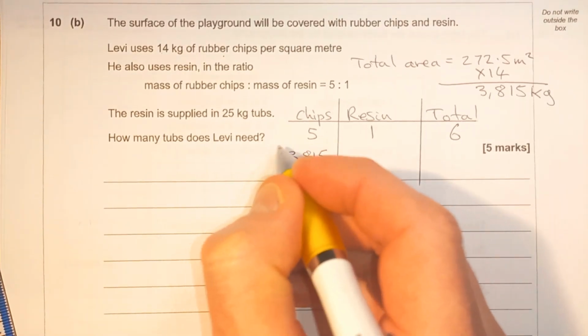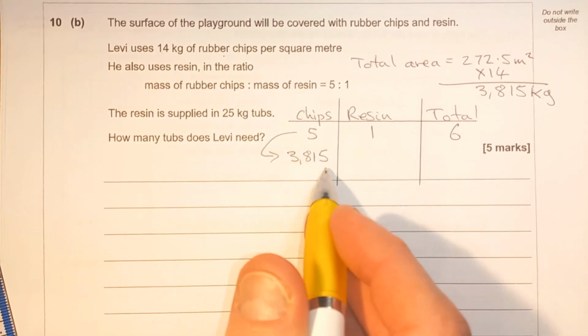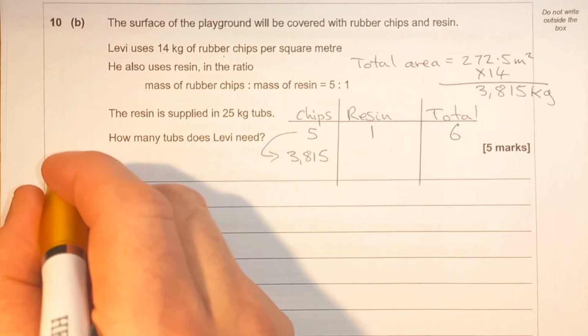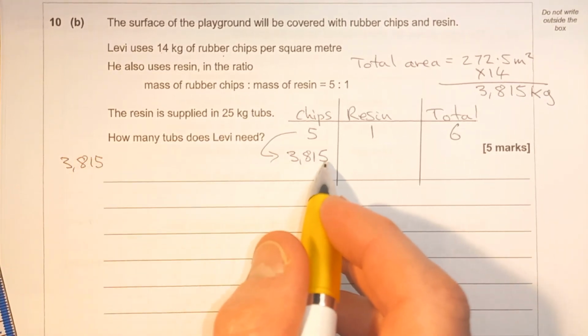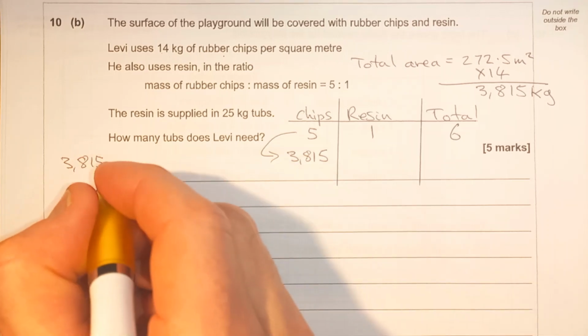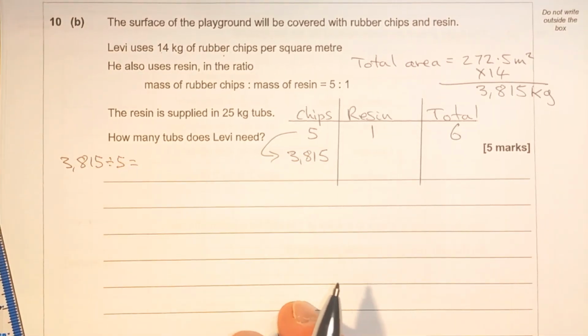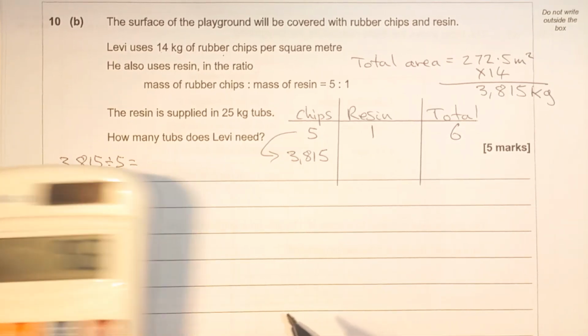So we want to think about how we're getting from the 5 to the 3,815. What multiplier are we using? So we think of it backwards. We say, well, let's take 3,815 and divide it by 5. And if we do that, we get 763.